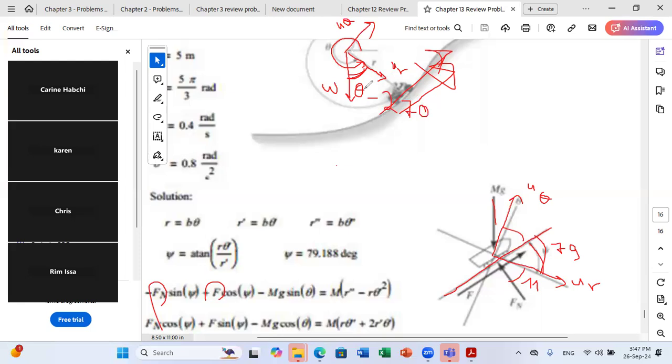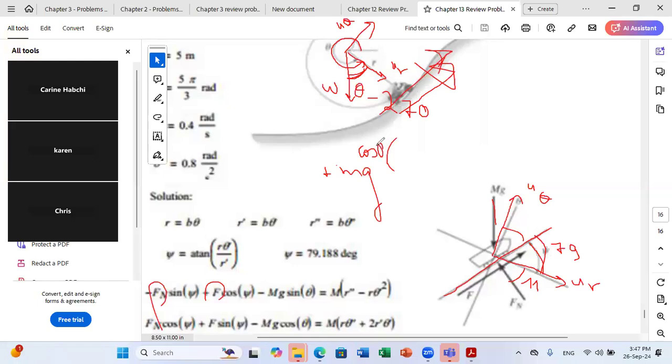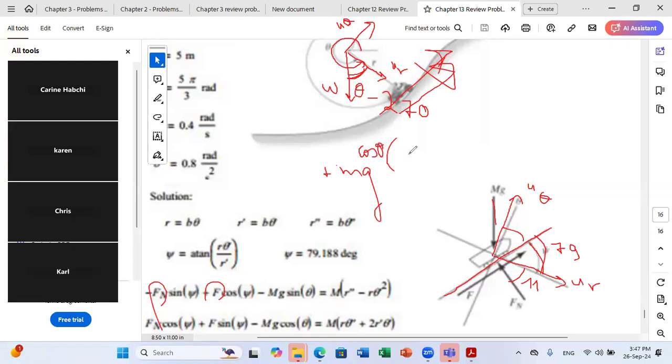So when I project W on UR, I do plus mg cosine of theta minus 270, which is equal to minus sine theta. I can replace this by minus sine theta.